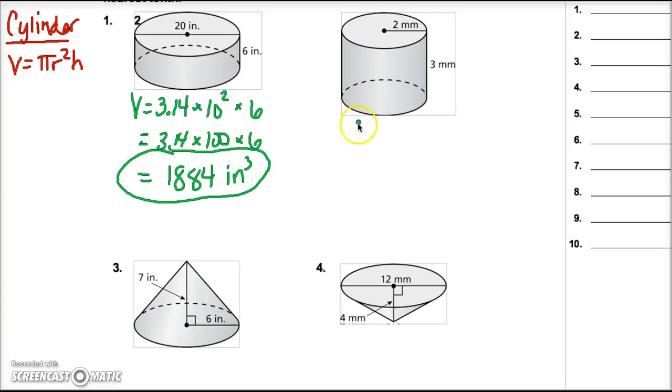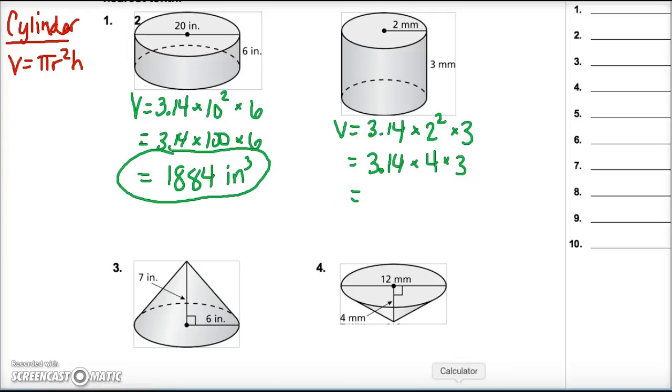For number 2, same formula, just different numbers. Pi, 3.14, times the radius, which is 2, squared, times the height, which is 3. So we have 3.14 times 2 squared, which is 4, and then times 3.